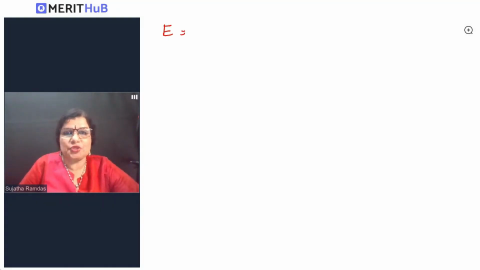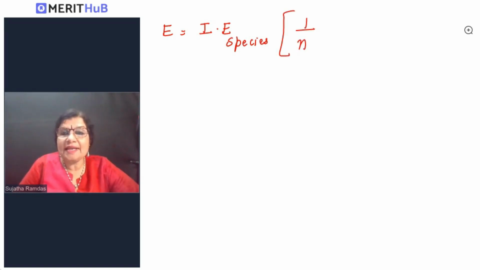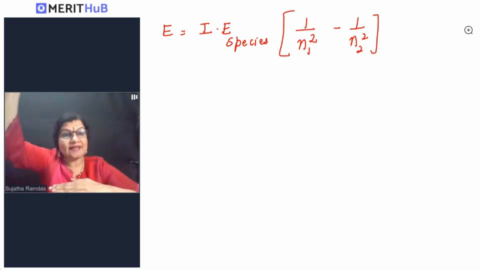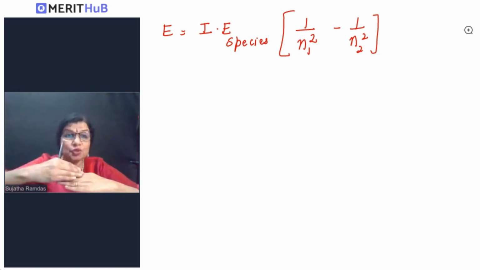Energy is equal to the ionization energy of the hydrogen-like species into 1 by N1 square minus 1 by N2 square. So N1 is the original level. The electron jumped to the higher excited state, that is the final excited state, and came back to the lower excited state. All right.